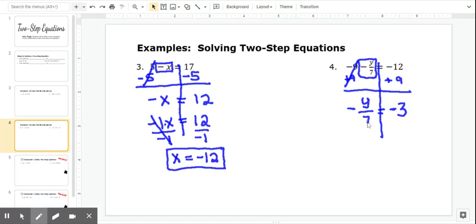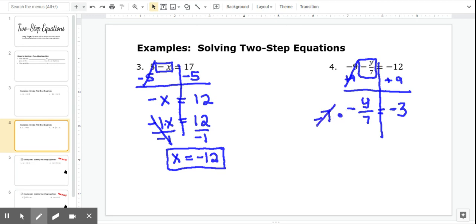All right, let's finish it off. So now on the left-hand side, this says negative y divided by 7. This little fraction bar here stands for division. The opposite of division is to multiply. So I'm going to multiply both sides by 7, but I also need to get rid of this negative. To get rid of a negative, I'm going to multiply it by a negative because a negative times a negative will give me a positive.